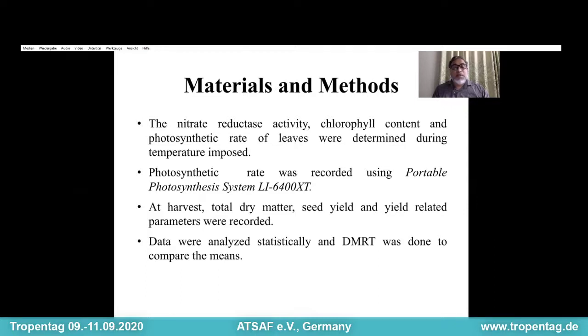Photosynthetic rate was recorded using a portable photosynthesis system, LI-6400XT of USA. At harvest, total dry matter, seed yield, and yield related parameters were recorded. Finally, data were analyzed statistically and DMRT was done to compare the means.